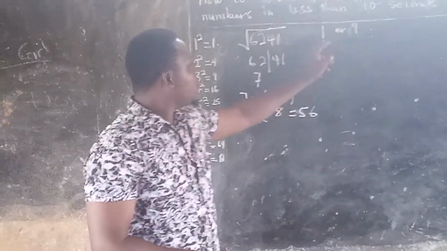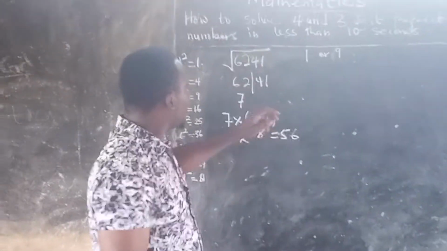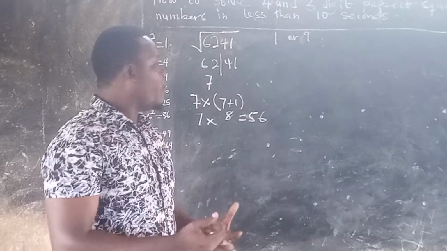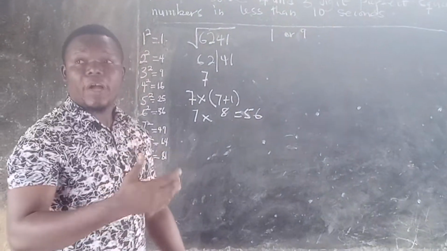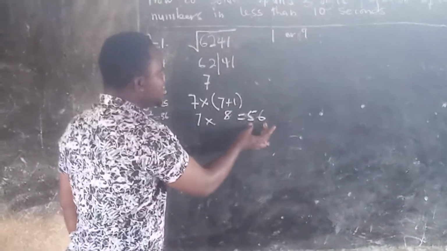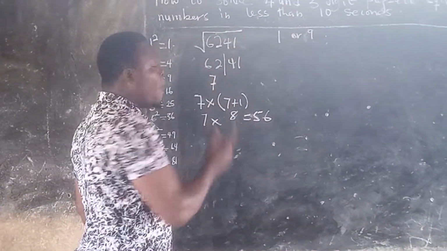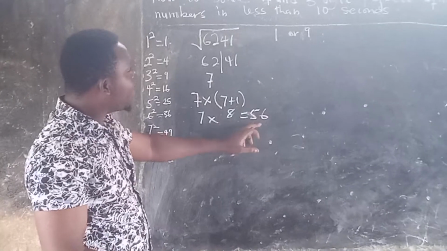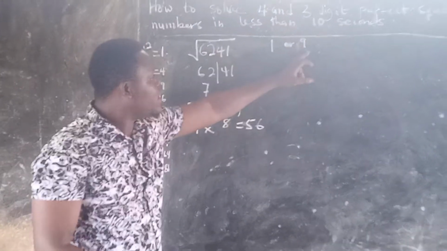We're supposed to choose between 1 and 9. This is how we choose. We have 56 here and then the 62. When the 62 is bigger than the 56, you choose 9.